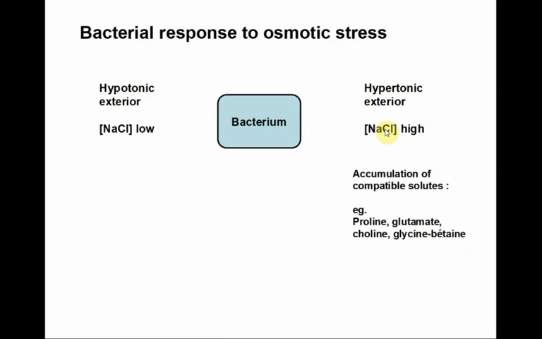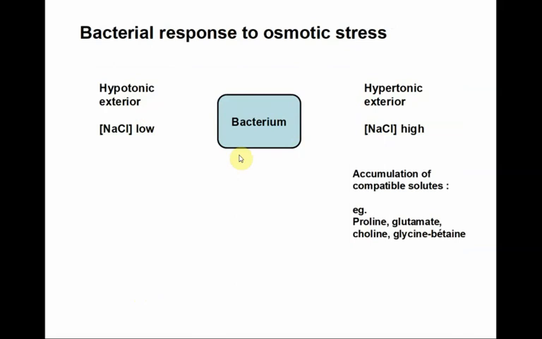So let's think about this one first. With a hypertonic exterior, the problem is that water inside the bacterial cell will tend to diffuse out, and everything in the bacterium will become totally dehydrated.